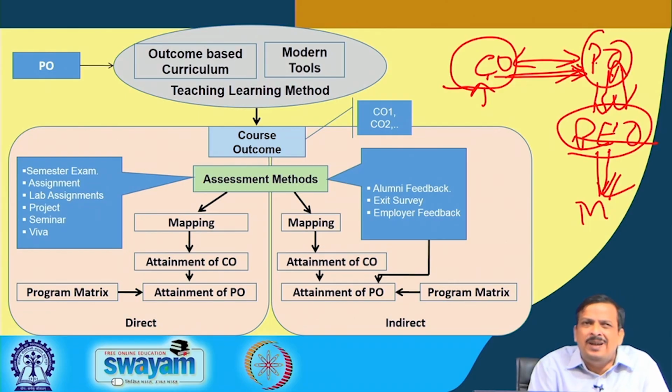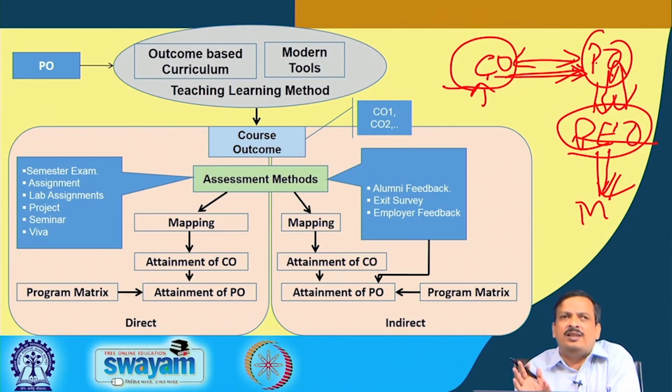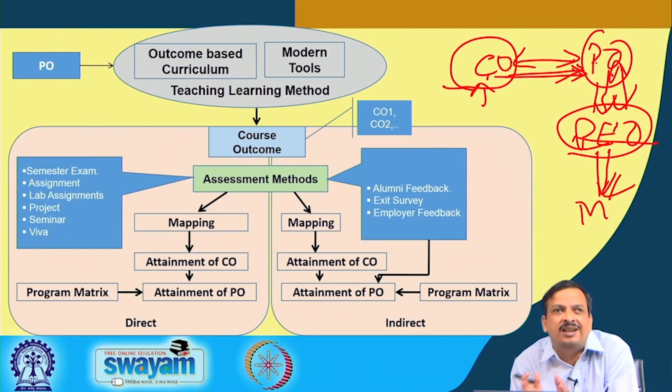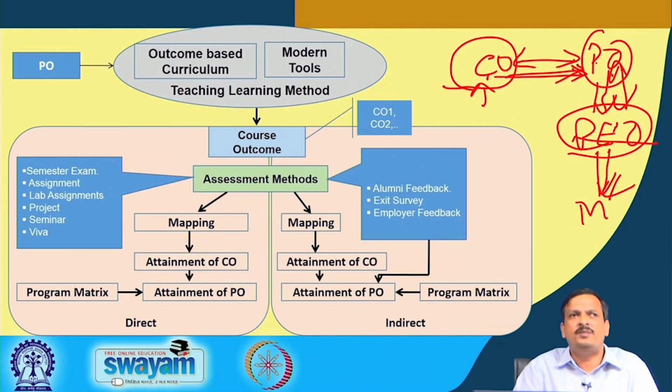Or in the case of indirect attainment, sometimes we can directly take feedback about the attainment of program outcome. The course outcome is not necessary, but it will be better if you take a course outcome attainment survey instead of a program outcome attainment survey.